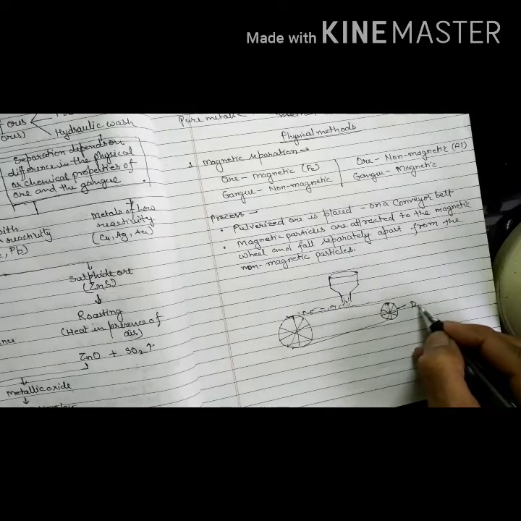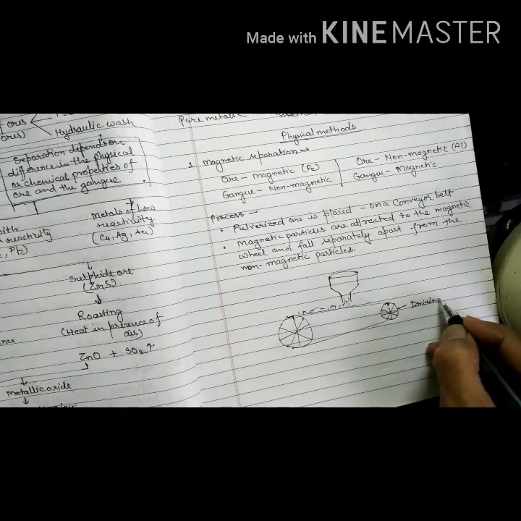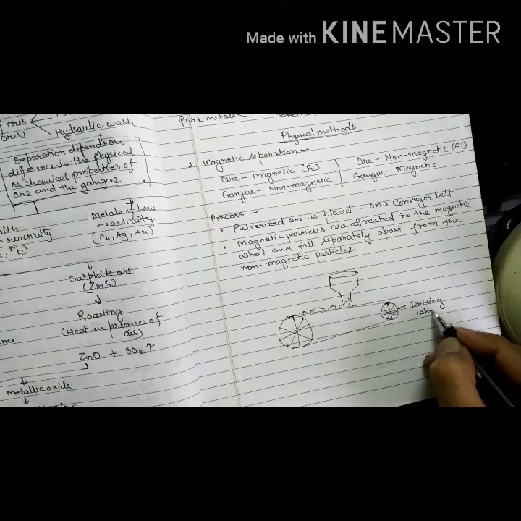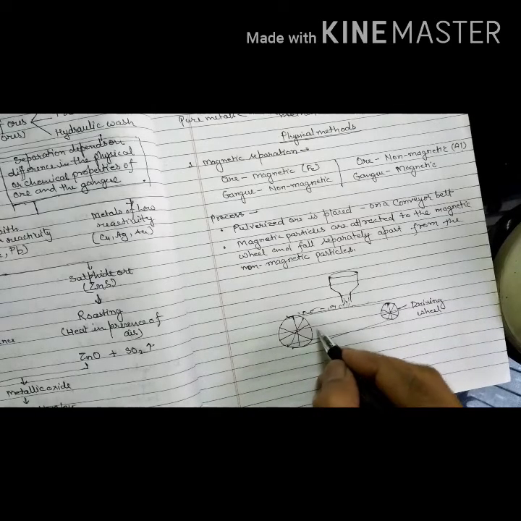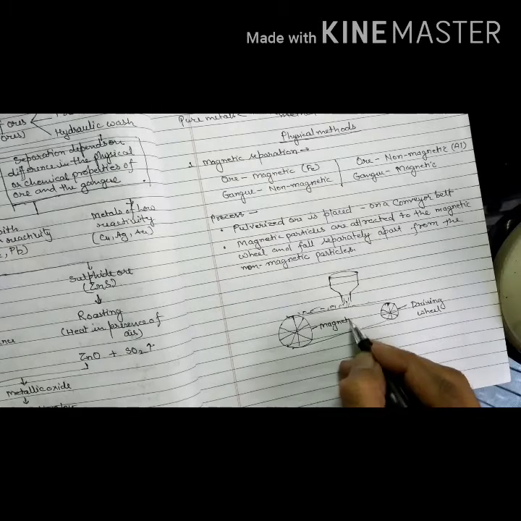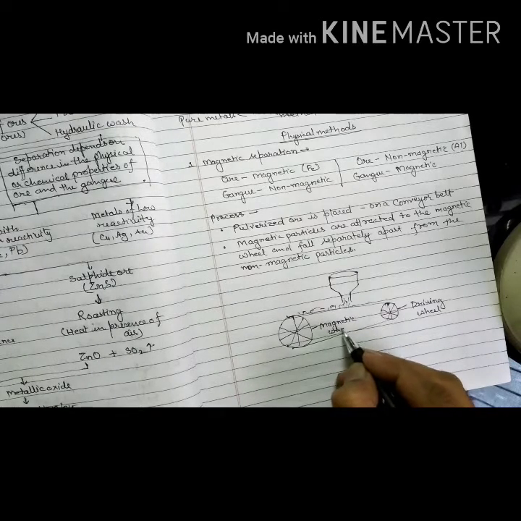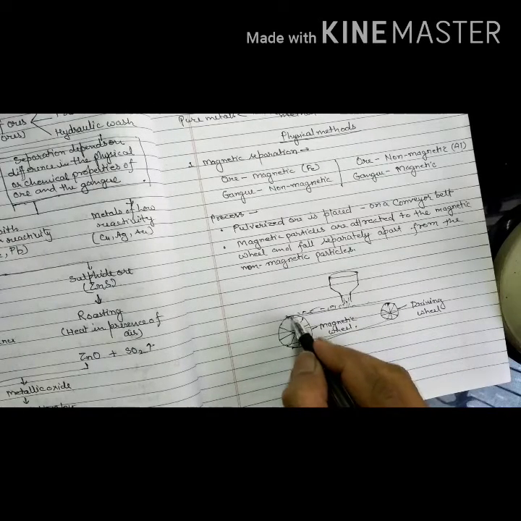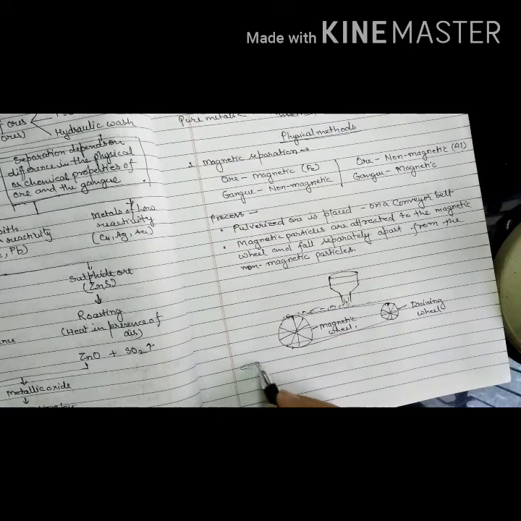This is the driving wheel. And this is the magnetic wheel. Now we have to place two buckets to collect the impurities and the metal separately.